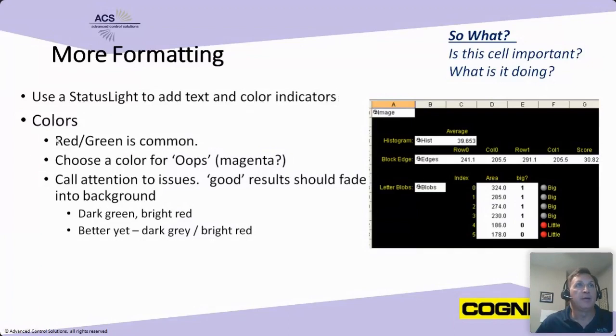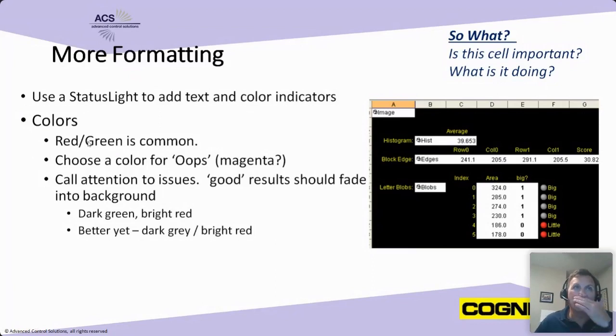The other thing I'll tell you is when you are using color in your sheets, and this will be really, really powerful in the next piece, you want to follow normal conventions, right? Green is good, red is bad.